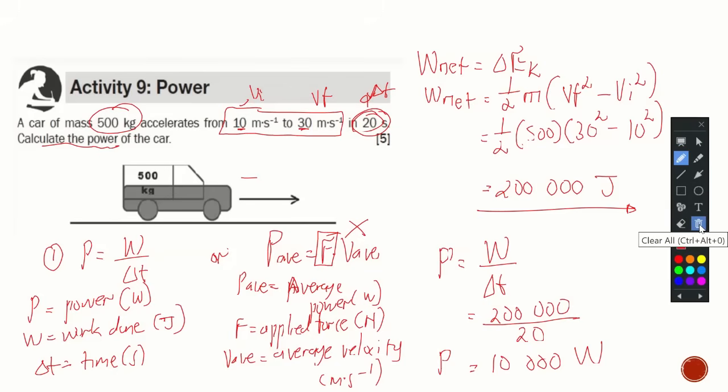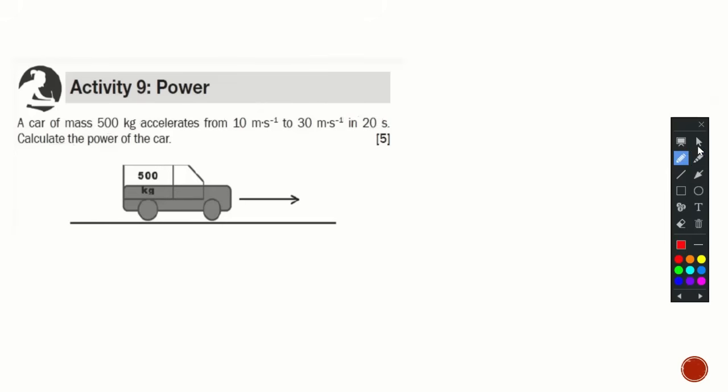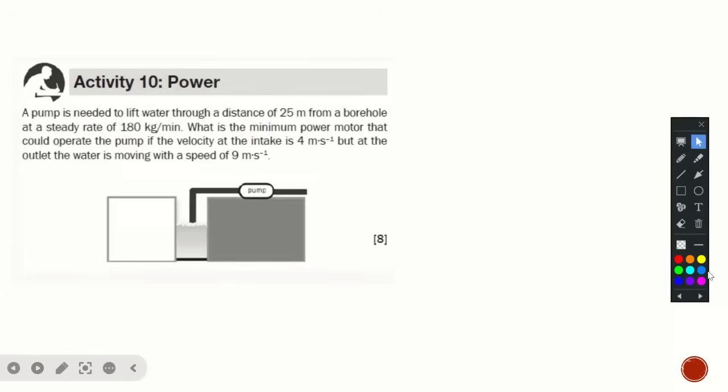Okay, so now let's look at yet another example to help us understand the calculation on power. We have activity 10. It says a pump is needed to lift water through a distance of 25 meters from a borehole at a steady rate of 180 kg per minute. Note that it pumps 180 kg per minute.